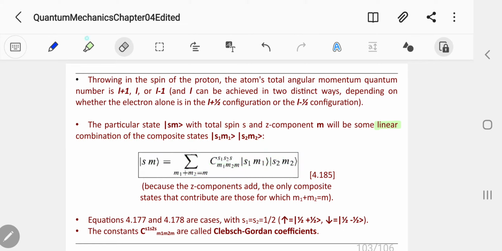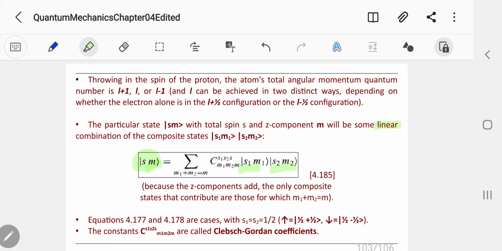Only these states in which M1 plus M2 equals M contribute to this total spin state here.